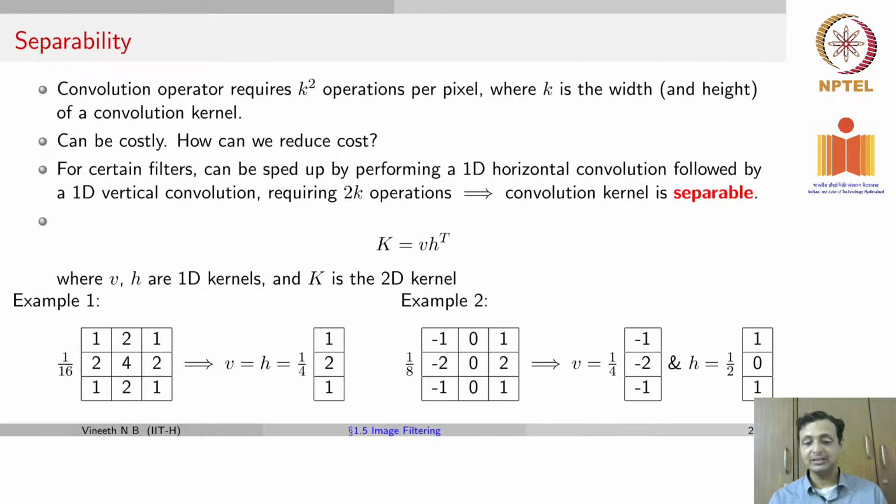In this case, as you can see, this can be written as an outer product of v equal to 1 by 4 times this vector, and h equal to half times this vector. You can test it out to see if this actually is the outer product, but it happens to be this way. So now you can replace your 2D convolution by two 1D convolutions, which can help reduce the cost.